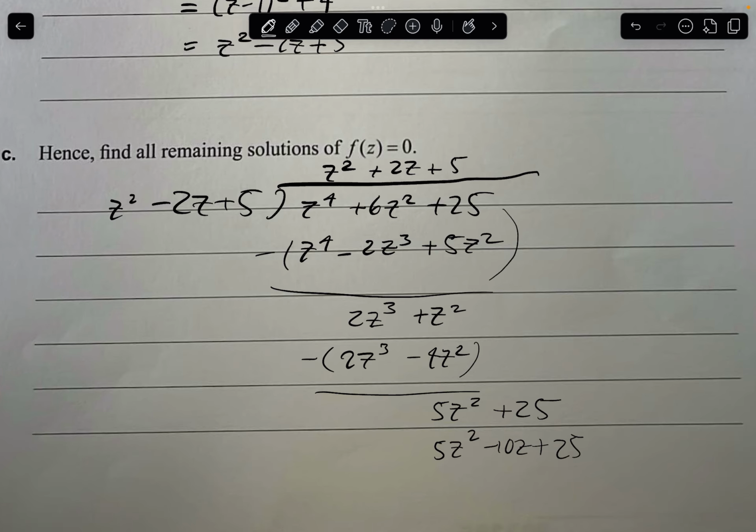That's minus z to the 4 minus 2z cubed plus 5z squared. You get 2z cubed plus z squared.